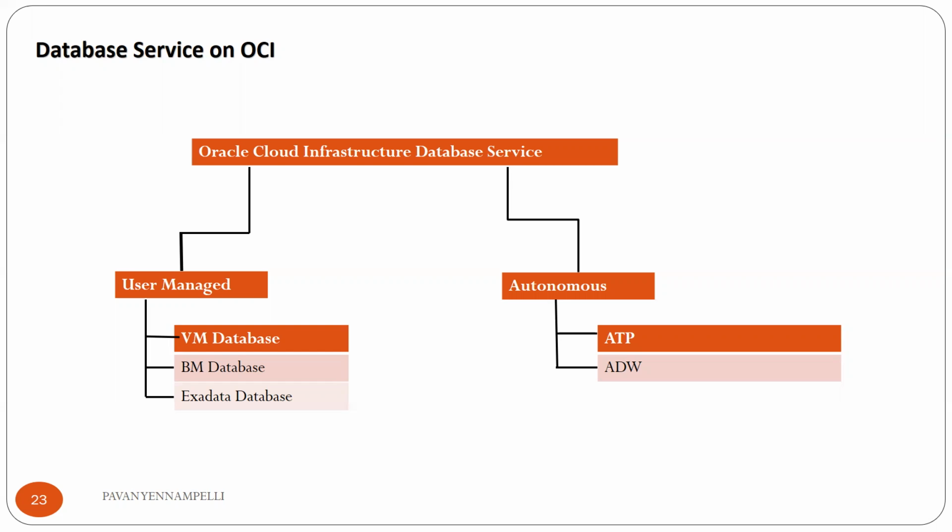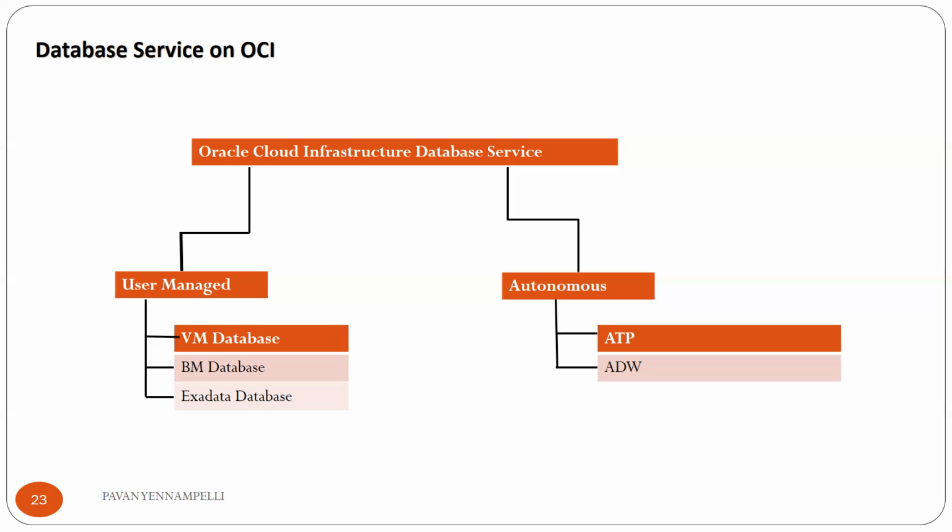In this machine, the whole responsibility of management belongs to the customer. We also have the Exadata database system, where Oracle provides an Exadata box on public cloud. Coming to the autonomous databases, we have two types of database services: autonomous transaction processing and autonomous data warehouse system.